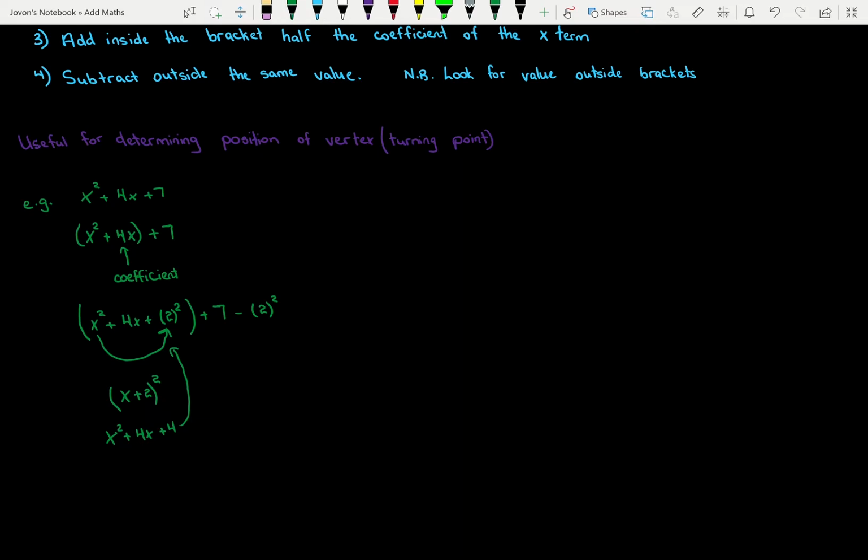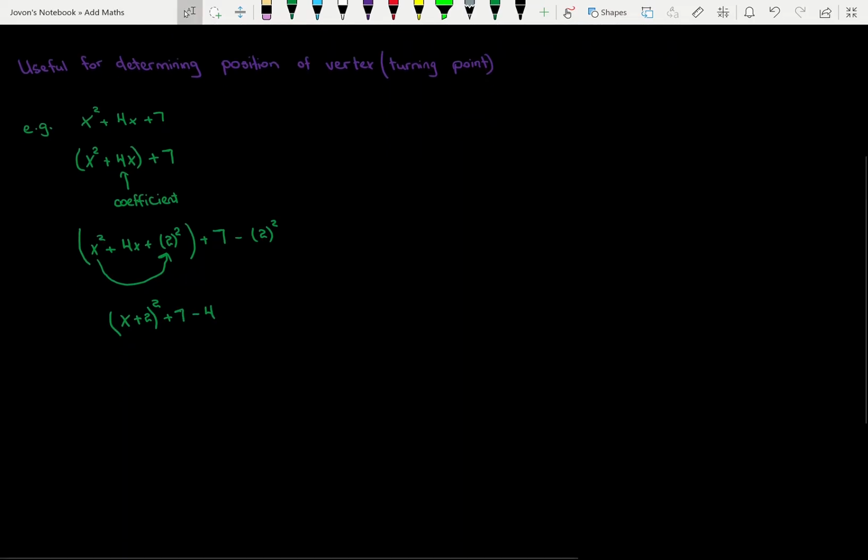We just simplified it, and this will always be like this, okay? So we get that, and then we get plus 7 minus 4, because 2 squared is 4, okay? Which is equal to x plus 2 all squared plus 3, okay?